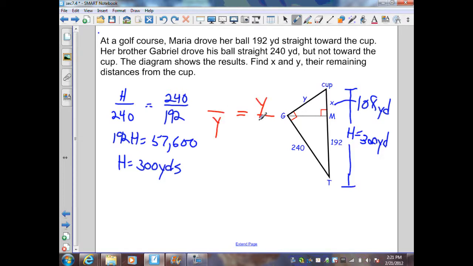It's the geometric mean of the hypotenuse, which is 300, and the segment of the hypotenuse adjacent to that leg, which is 108. Cross product, y squared is equal to 32,400. And when I take the square root of both sides, I get y equal to 180 yards.